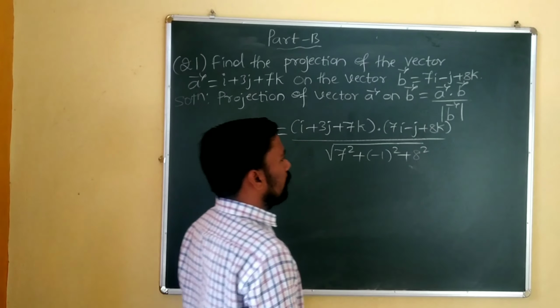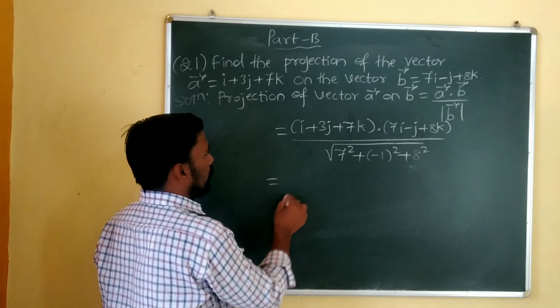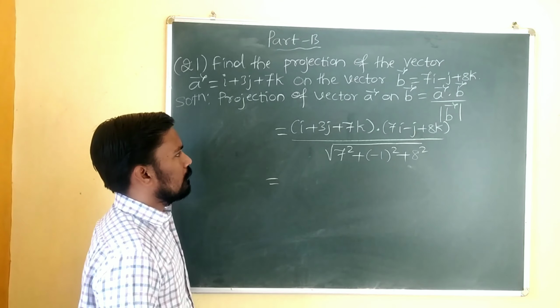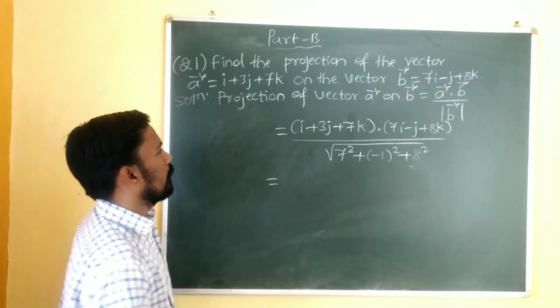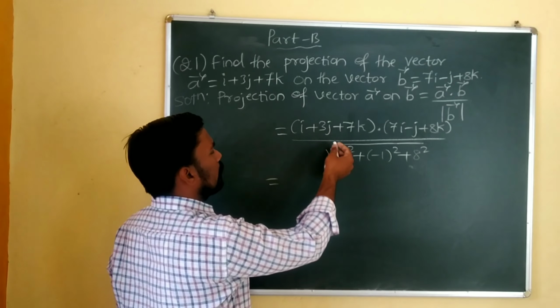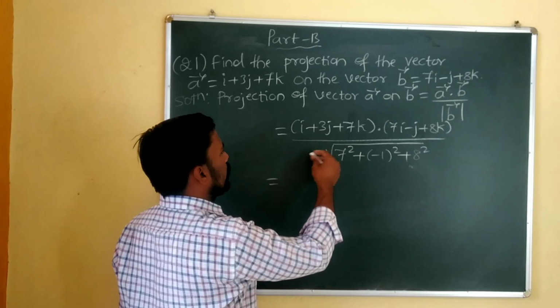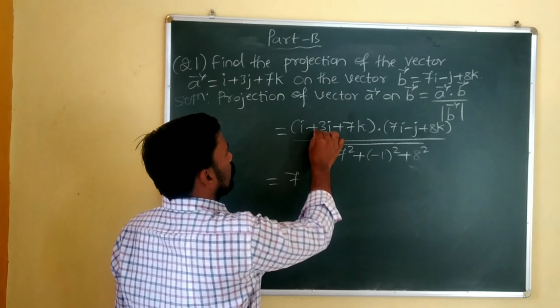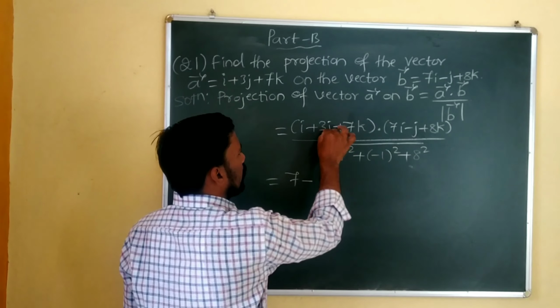Now take the dot product in the numerator. So just multiply their scalar components, because dot product of unit vectors, it is 1. I dot I, which is 1 only. Take their scalar components. 1 into 7, 7. Plus into minus, minus. 3 into 1 is 3.